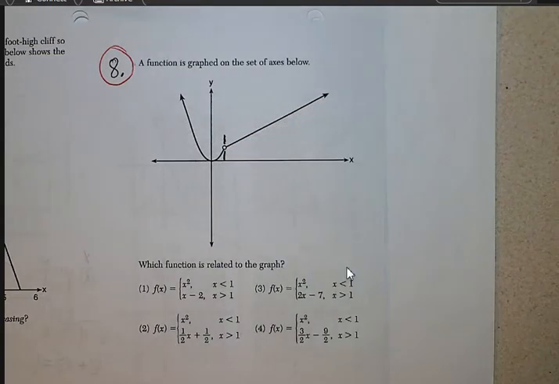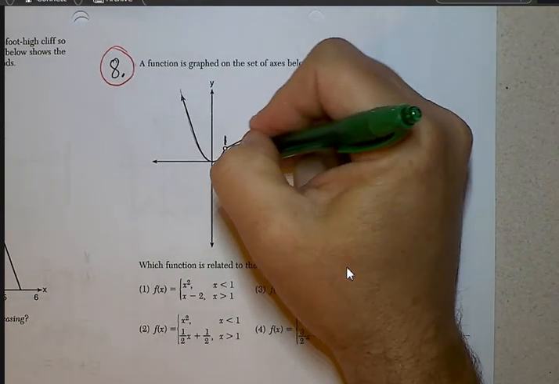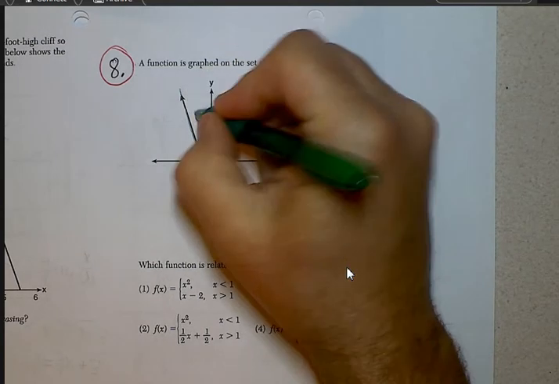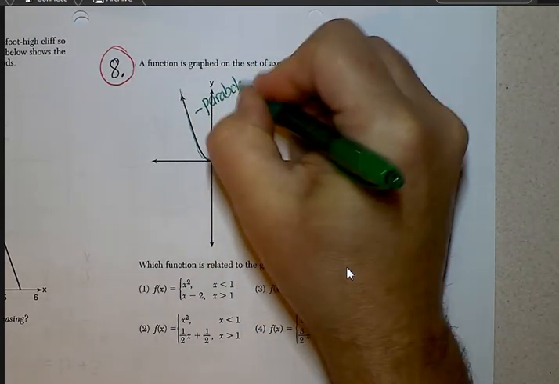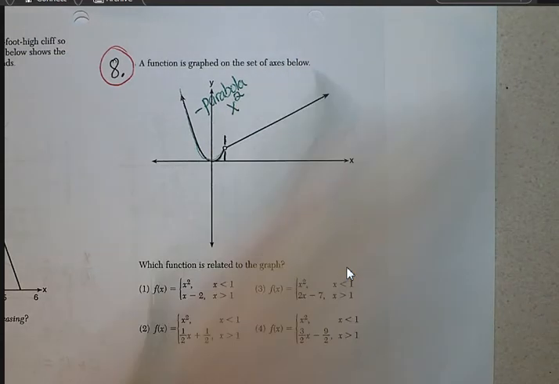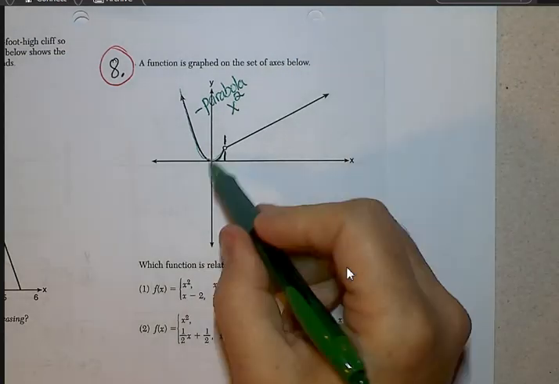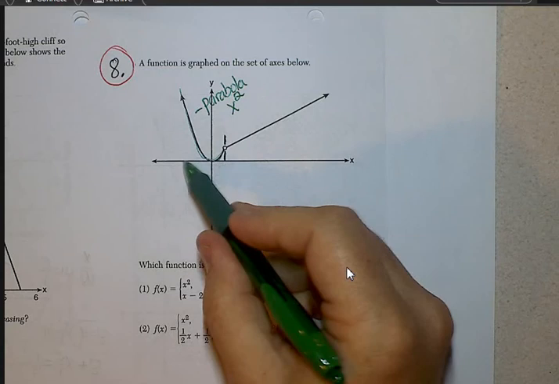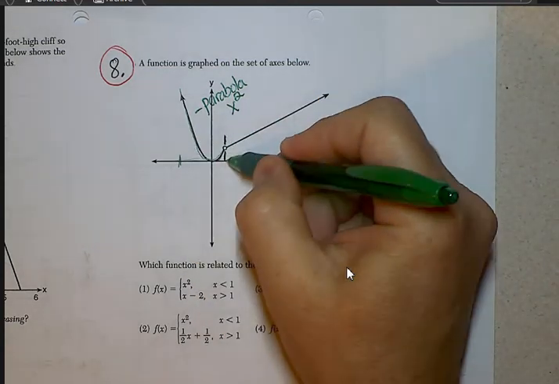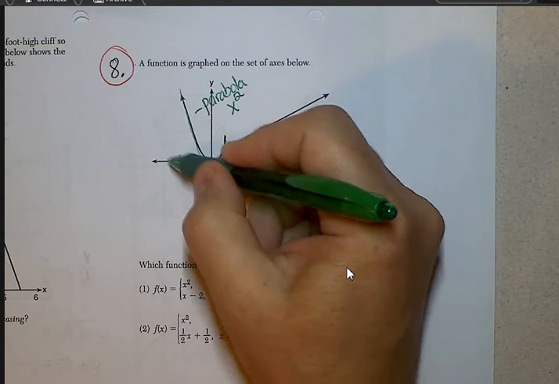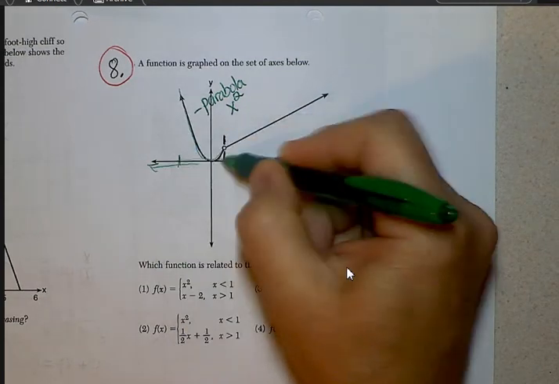And we take a look at this, and this is the shape of a parabola. When you have the shape of a parabola, you're talking about an x squared function. It's going to be your x squared function going all the way back here and up to this certain point. And that's what this says.